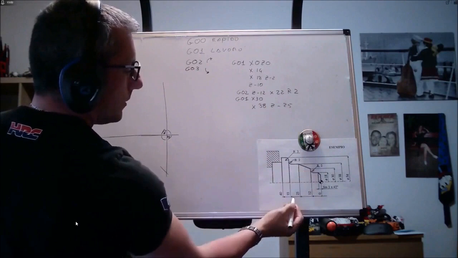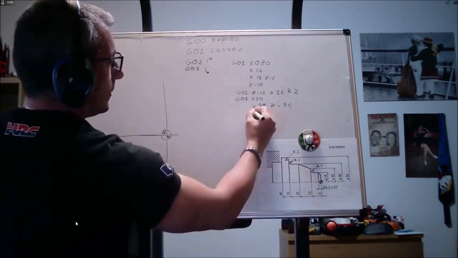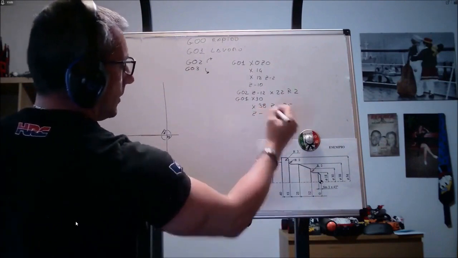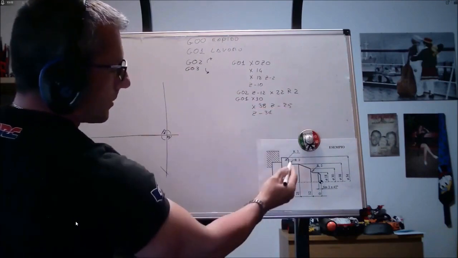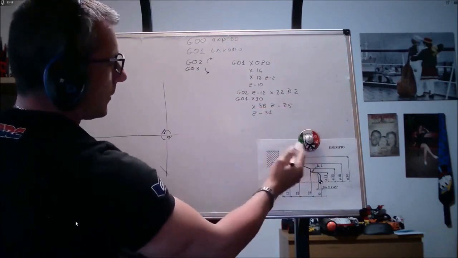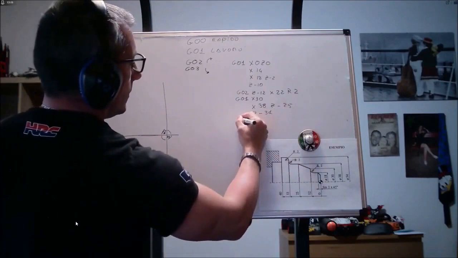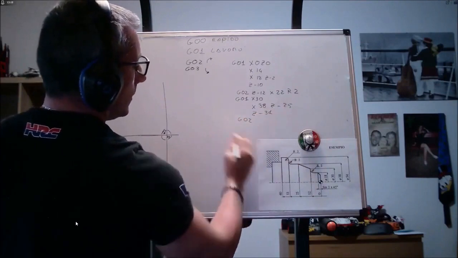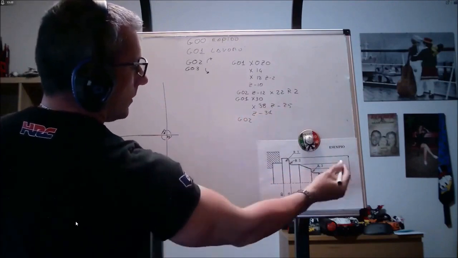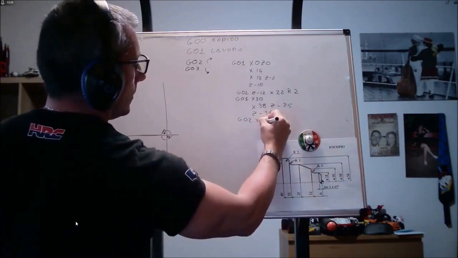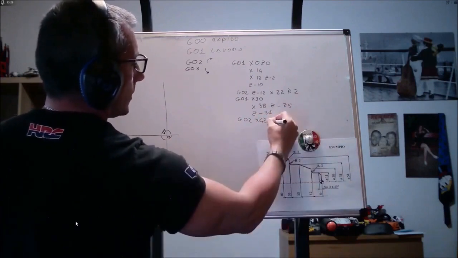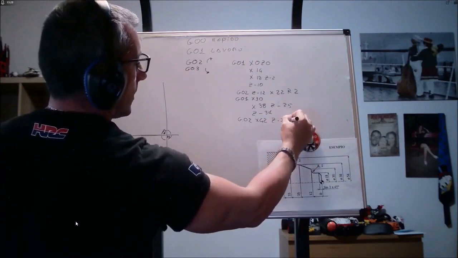Then, from here, I go to Z minus 31. The radius is always traversed counterclockwise, so G03, X38 plus 4, X42 and Z minus 33, R2.